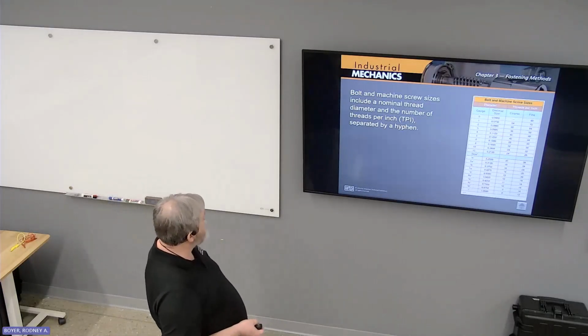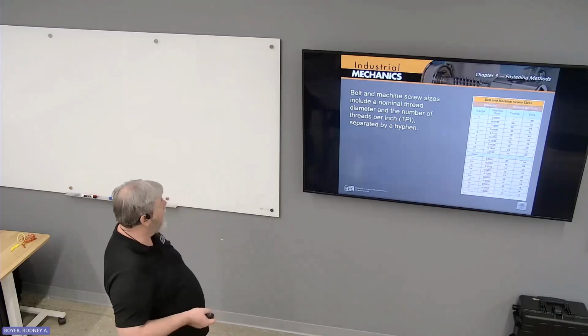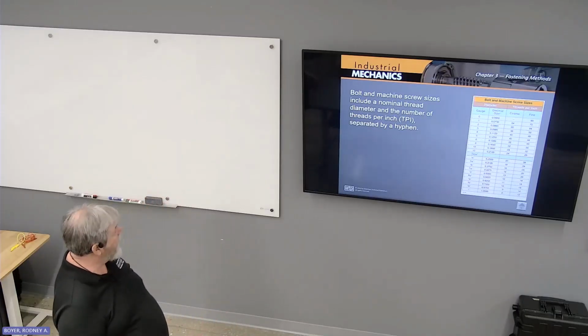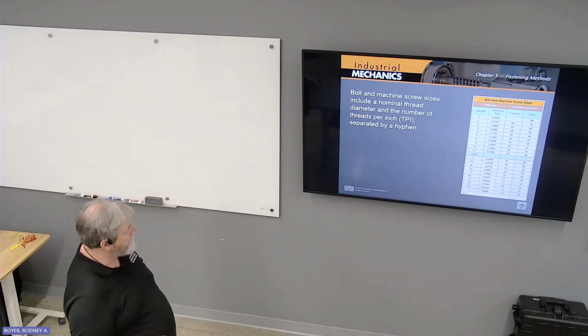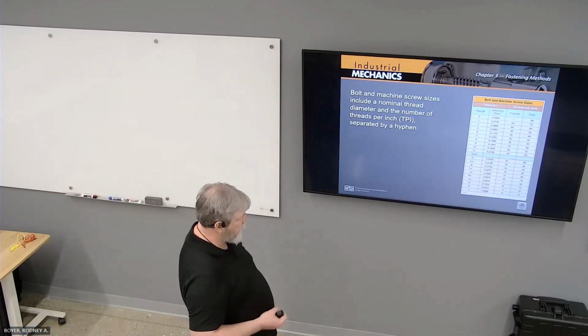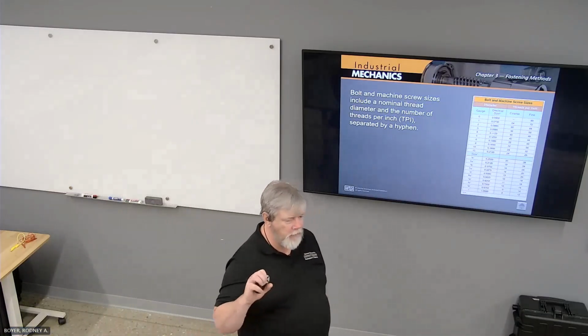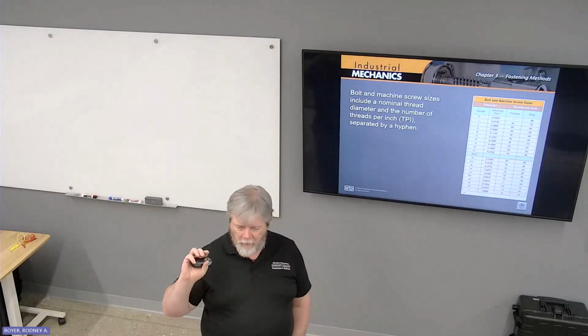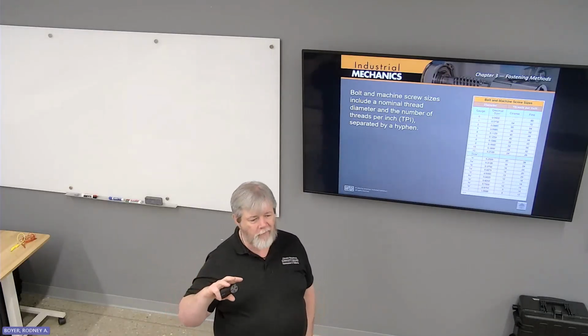Bolt and machine screw sizes include the nominal thread diameter and the number of threads per inch, or TPI, separated by a hyphen. So there are 3 things that you need to know whenever you're defining a screw type fastener.